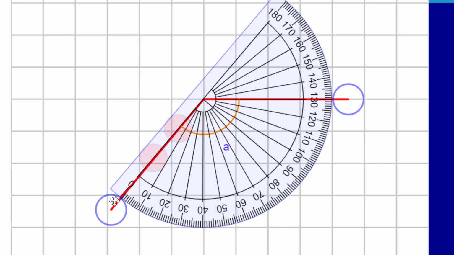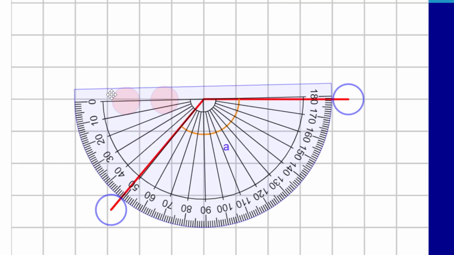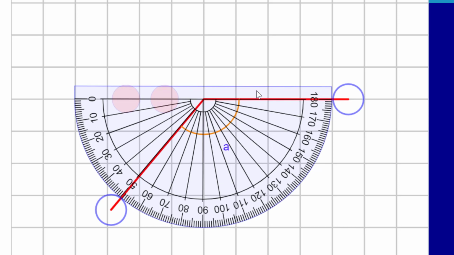One of the lines is on 0, and then I'm going to follow this line around until I get to the other line. You can see it reads 130. Now if I had done it like this and I'd read from the inside line 0, 10, 20, 30, 40, 50, 60, 70, 80, 90, 100, 110, 120, it would say 130 where this 50 is underneath it, okay?